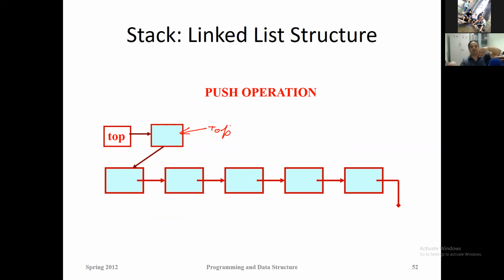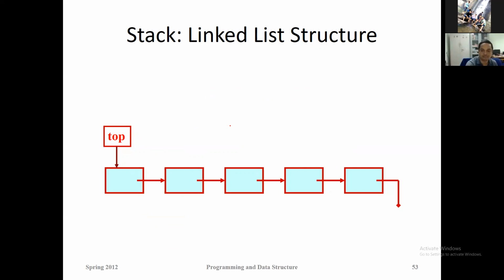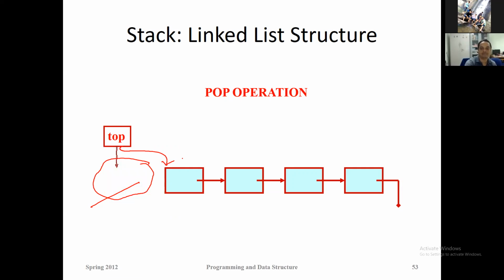Pop operation: you want to delete an element from the linked list, from the stack. Last in, first out. The element which is inserted last will be deleted first. So here, this is the element which was inserted last. So this node will be deleted, and the new top will be this.